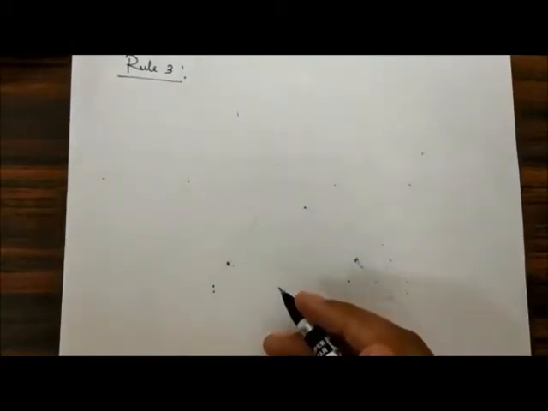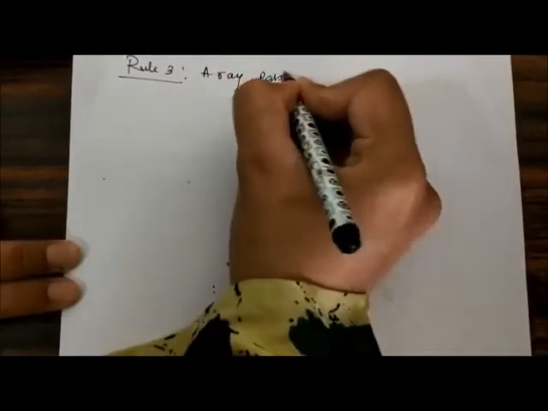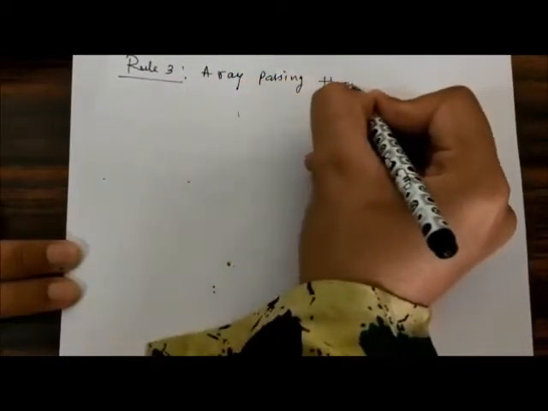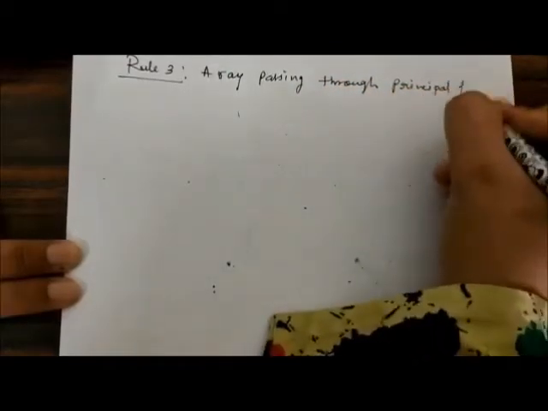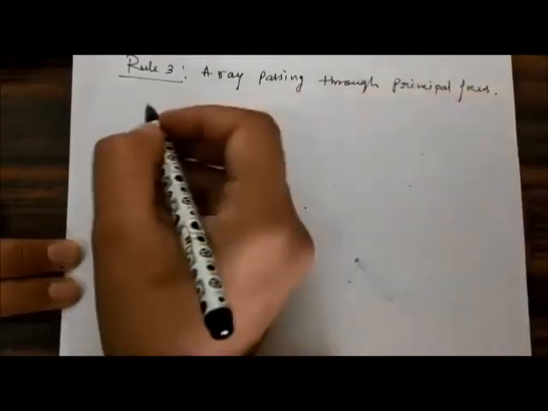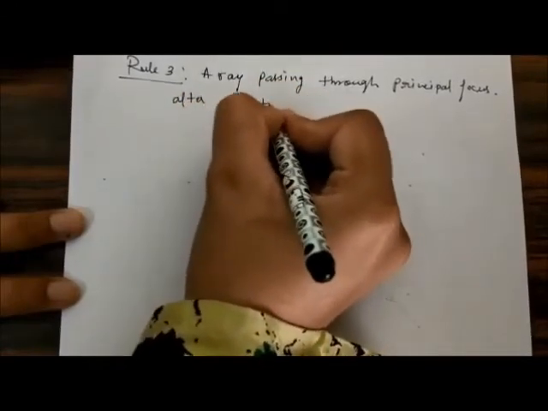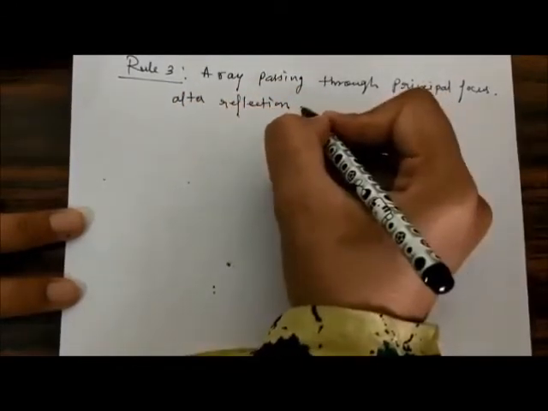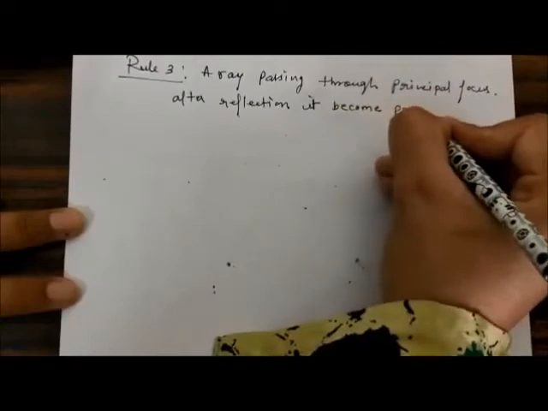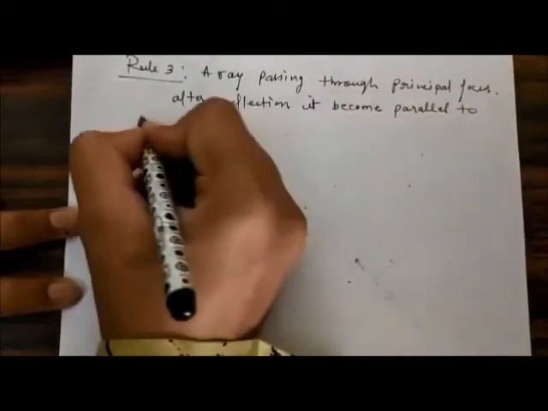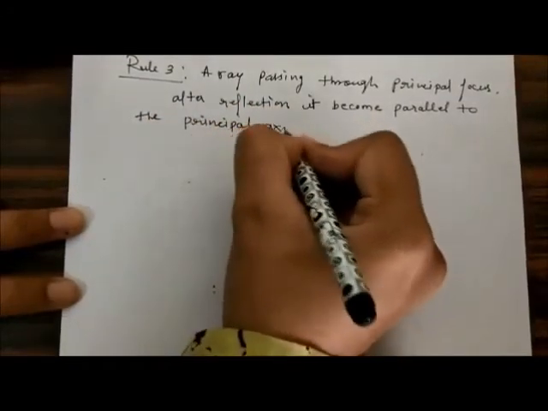Now, rule number 3: a ray passing through the principal focus, after reflection, becomes parallel to the principal axis.